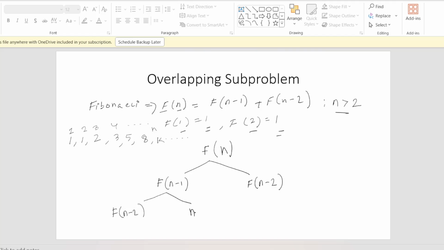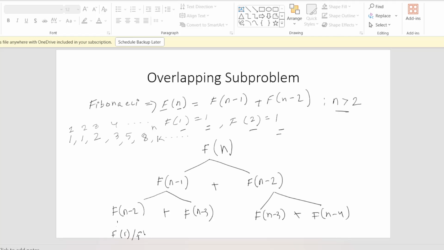Over here is Fibonacci of n minus 3. Again, from here we have Fibonacci of n minus 3 plus Fibonacci of n minus 4, and this continues until we reach the base case of Fibonacci of 1 or Fibonacci of 2.